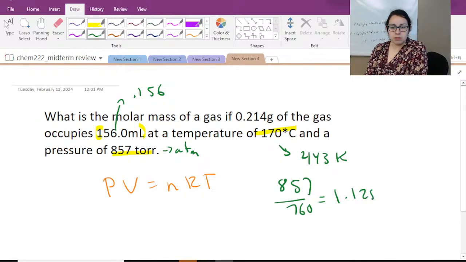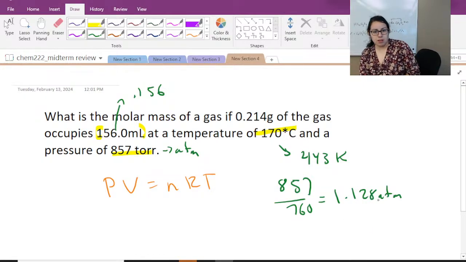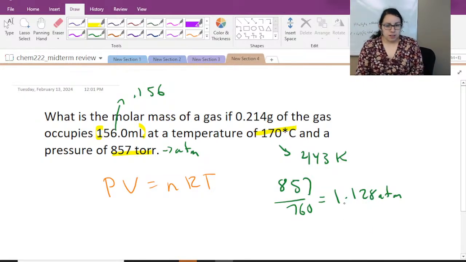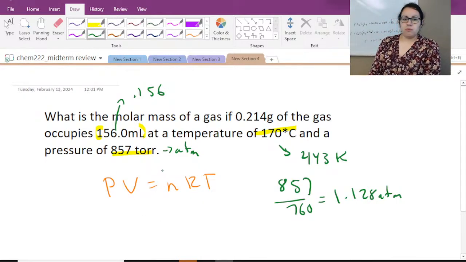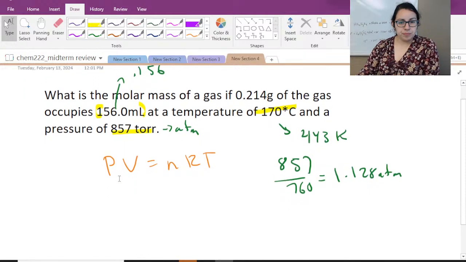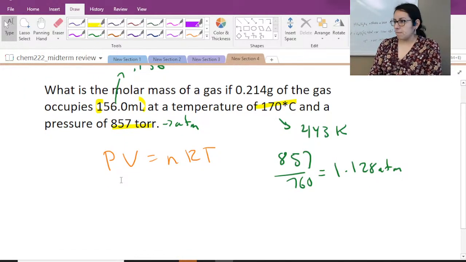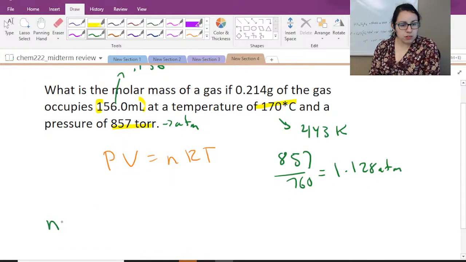I have 1.128. That sounds good. Is that what other people got? So what do we have to solve for first? Moles, so solve for n. Let's plug that in.